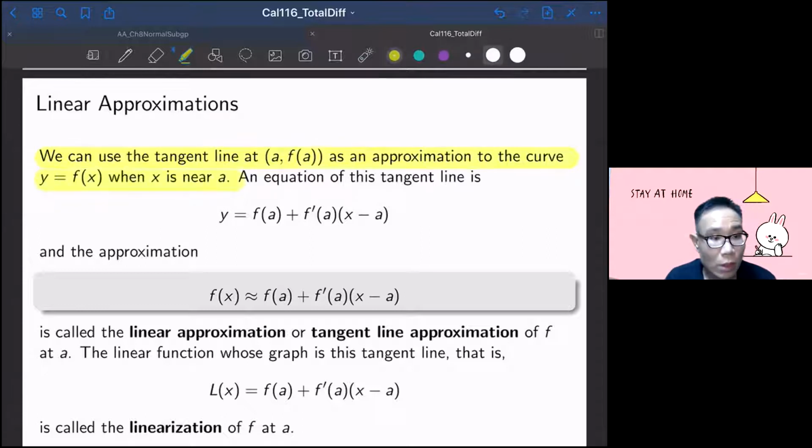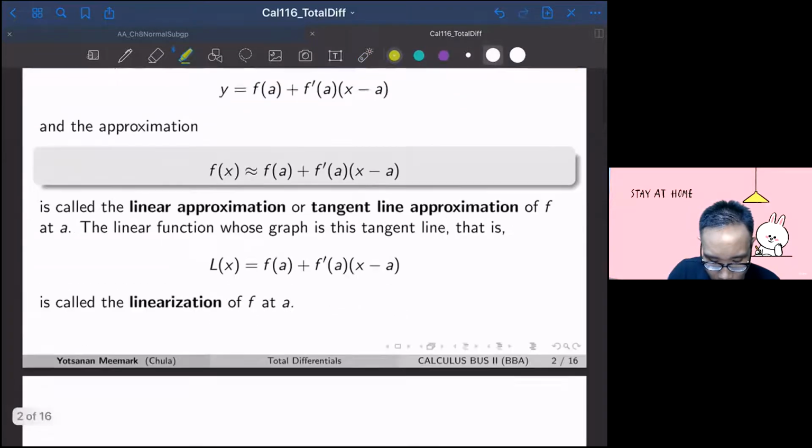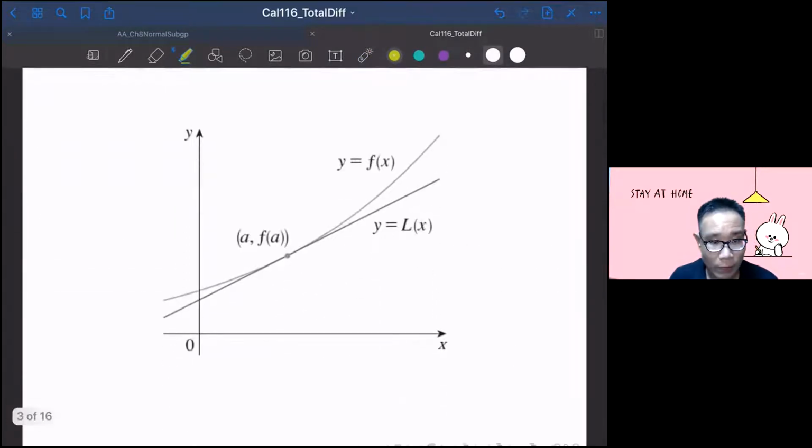This is the first thing that I'd like to talk to you about in this lecture. You see that you have your curve y = f(x), and you have the point (a, f(a)), and you have the tangent line at (a, f(a)).